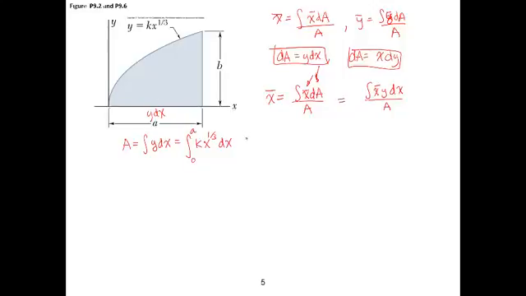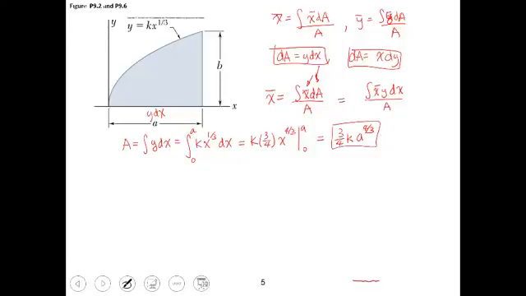Therefore, if I integrate it, taking my constant out, 3/4 x to the 4/3 from a to 0. Therefore, I have 3/4 k a to the 4/3. That's my area.